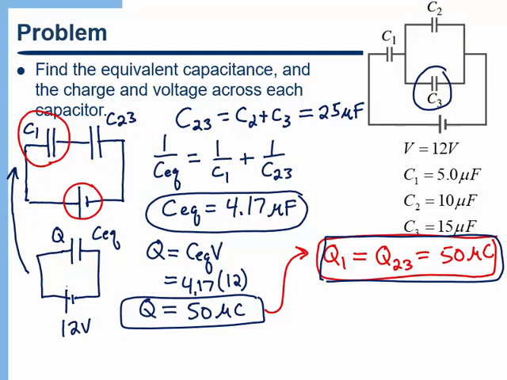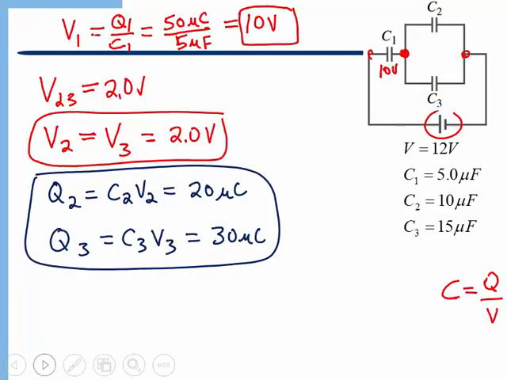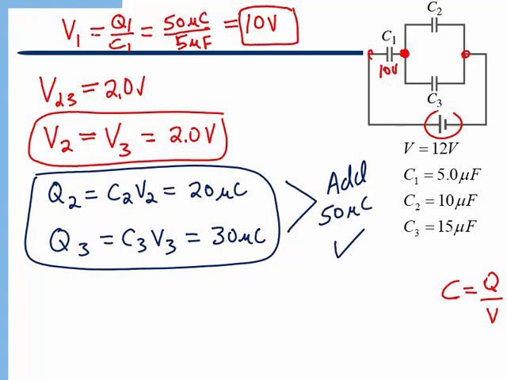And you'll notice that we find that is true. Notice that these two add to 50 microcoulombs. So you can always do these kind of checks when you're doing these problems, which is good because you have a sense that you actually got the problem right.